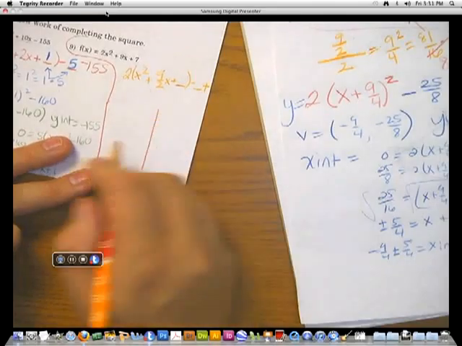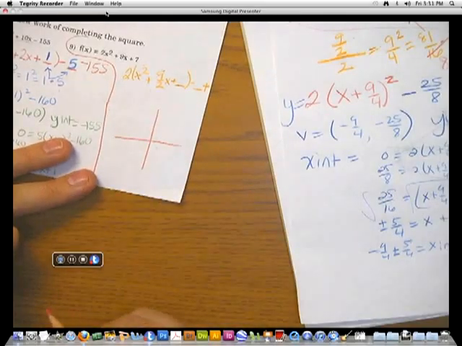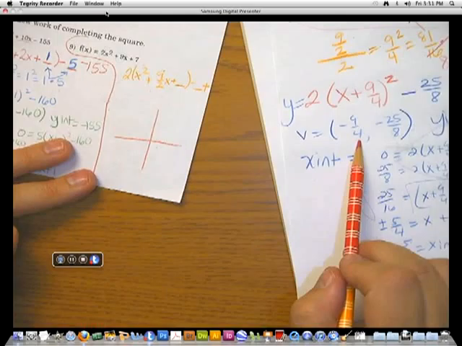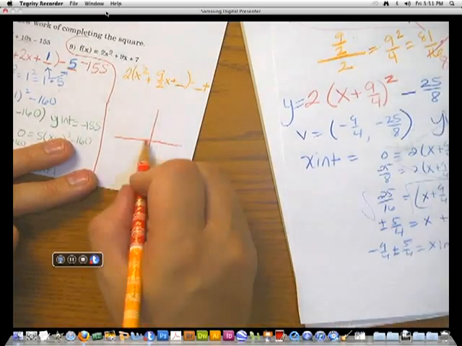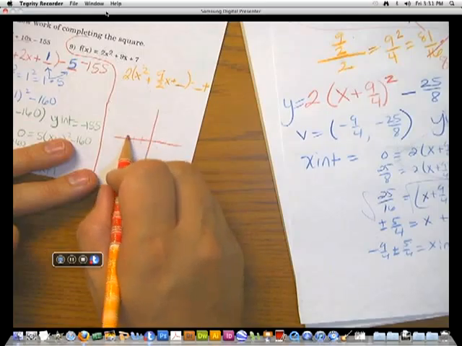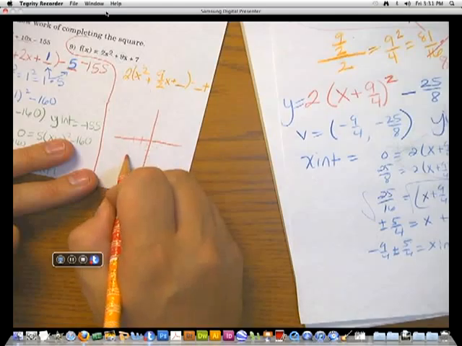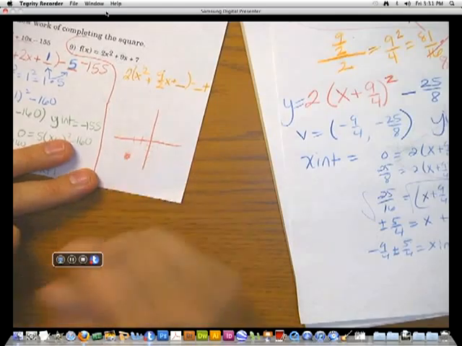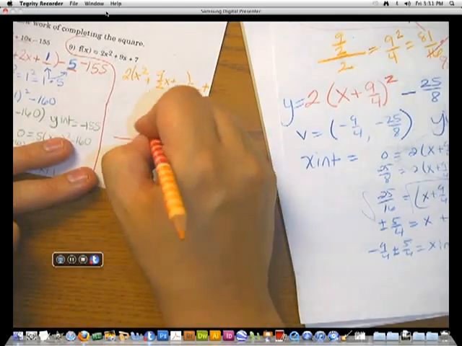On my graph, again, we don't need it to be exact here. Negative 9/4, so about negative 2 and some change, and negative 25/8 is negative 3 and some change. So we're going to be about there. The y-intercept is at 7.